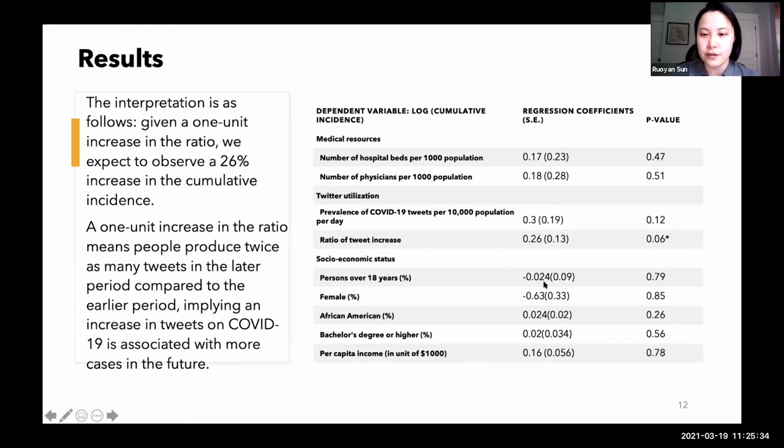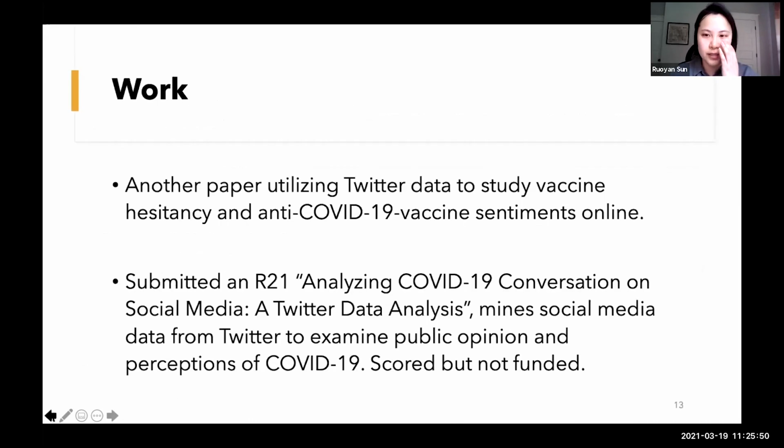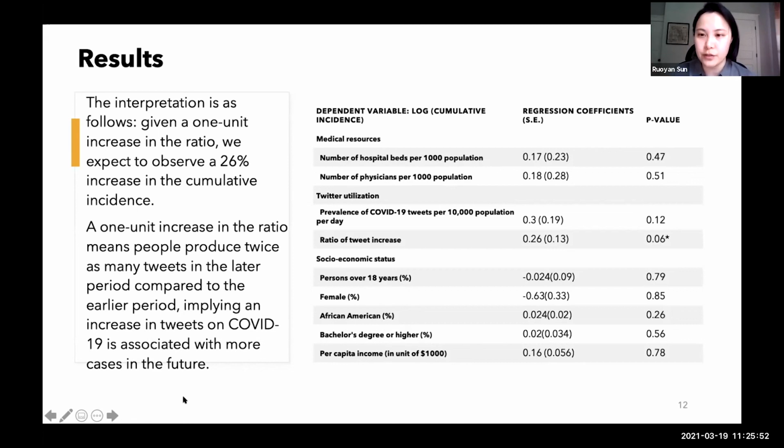So this verifies what we were trying to look for. There is a positive association between these two. And to some extent, monitoring Twitter posts could give us an idea of the spread of coronavirus. So this is a summary of my back of the envelope work.